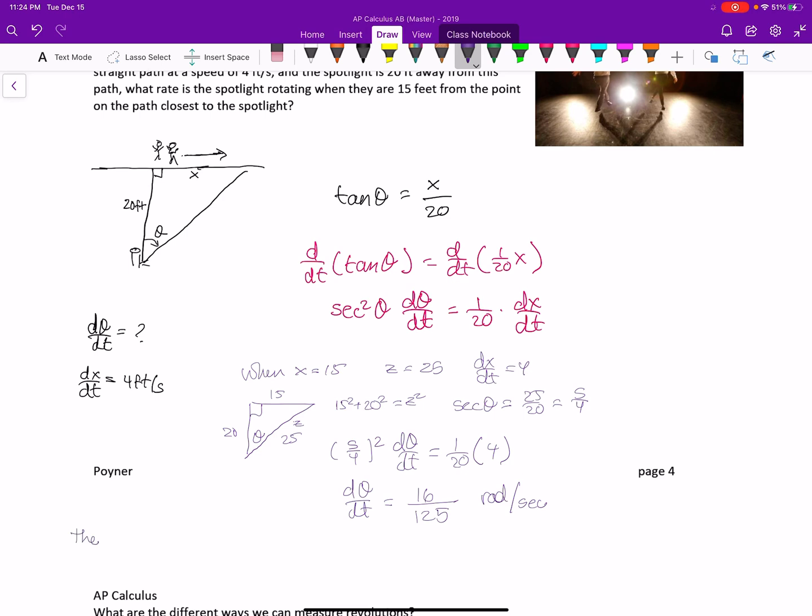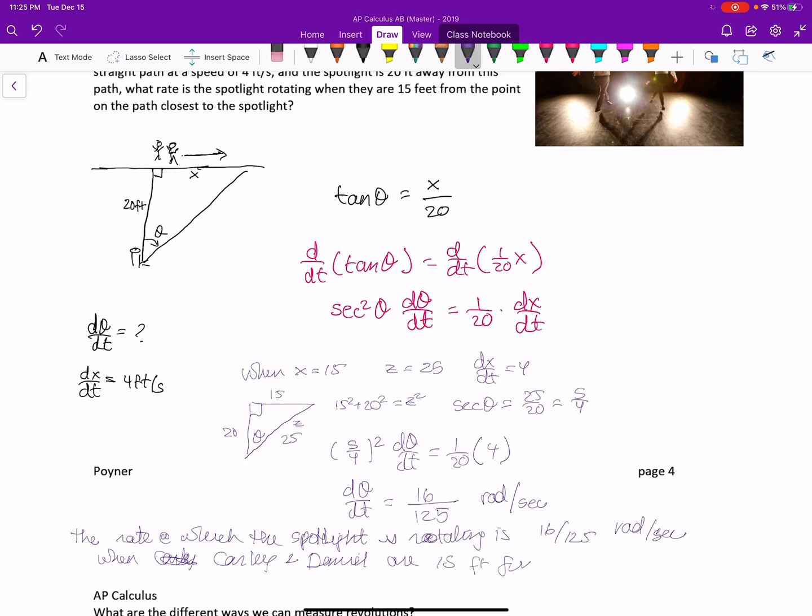So here, the rate at which the spotlight is rotating is 16/125 radians per second when Carly and Daniel are 15 feet from the point on the path closest to the spotlight.